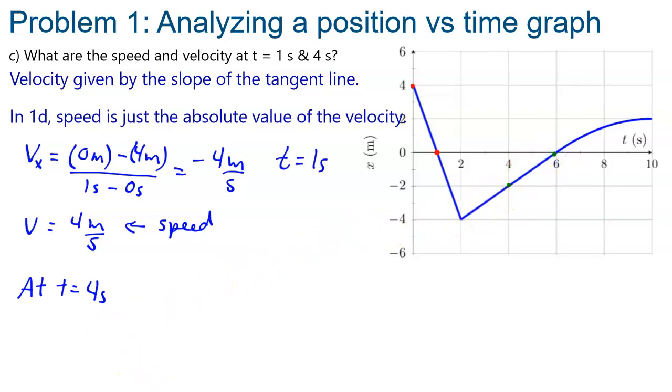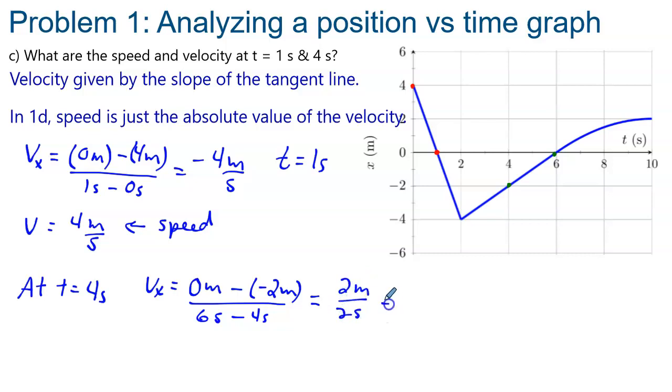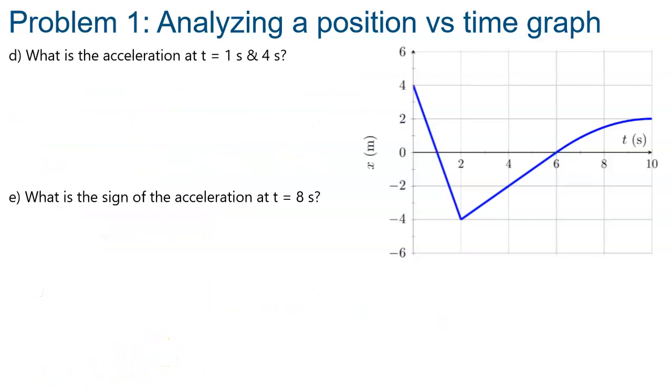When we do the analysis, we'll get that v_x will be equal to the position at 6 seconds, so 0 meters, minus the position at 4 seconds, which is minus 2 meters, divided by 6 seconds minus 4 seconds. If we do the math, you see minus minus will cancel out, so we'll be left with 2 meters over 2 seconds, or if you prefer, plus 1 meter per second. And the speed, in this case, will be exactly the same since it's already a positive value.